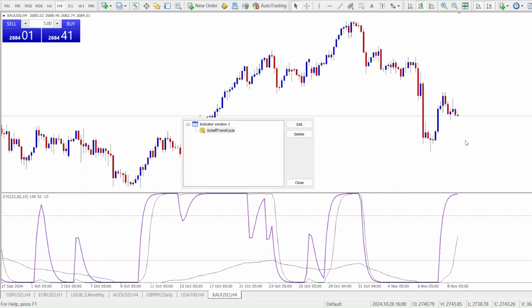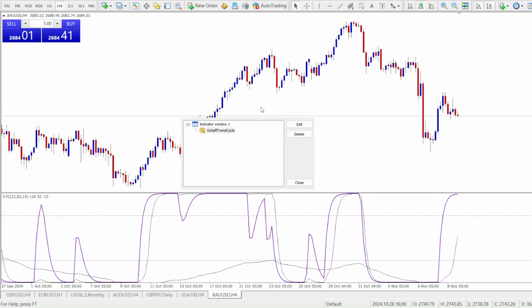However, for more active intraday trading, you might want to reduce the MA short from 23 to 15.